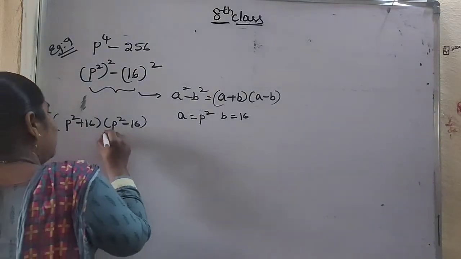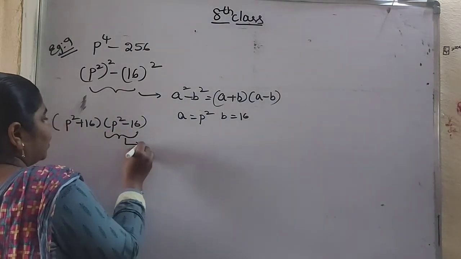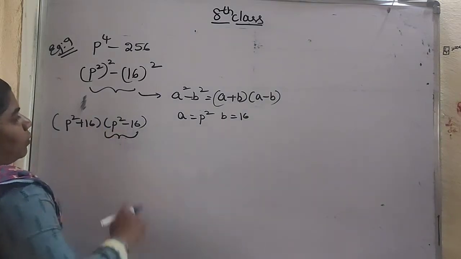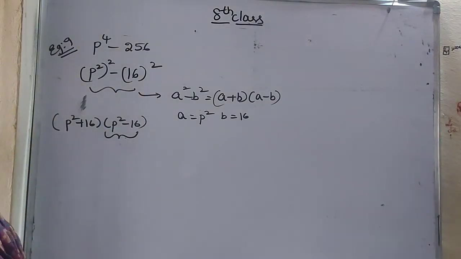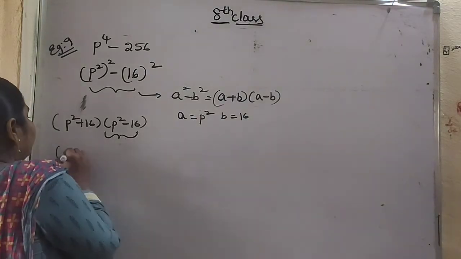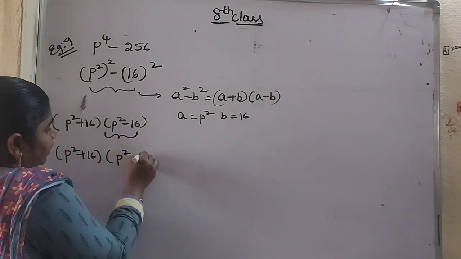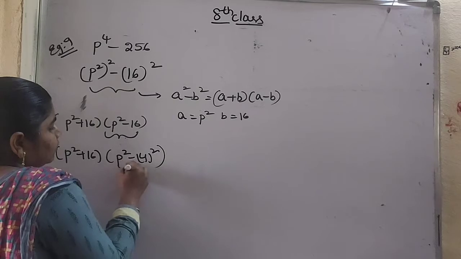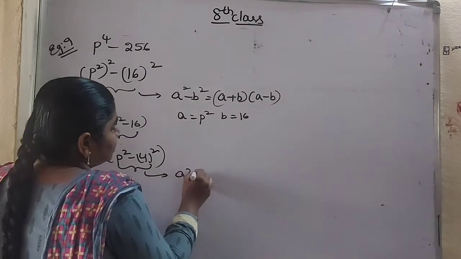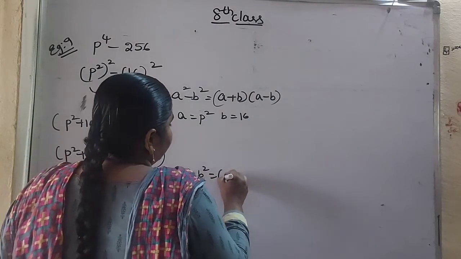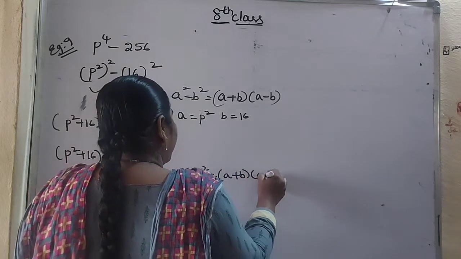Now if you see, this one we can convert again, because p square is a square term and 16 is also a square term, that is 4 times 4 will be 16. So p square plus 16 stays as it is, and this one we can write as p square minus 4 square. Again this is in the form of a square minus b square, that is a plus b into a minus b.